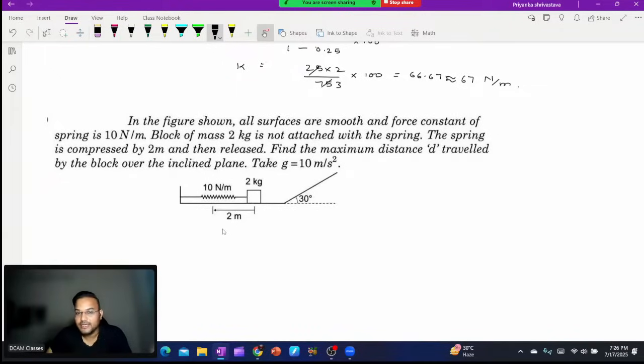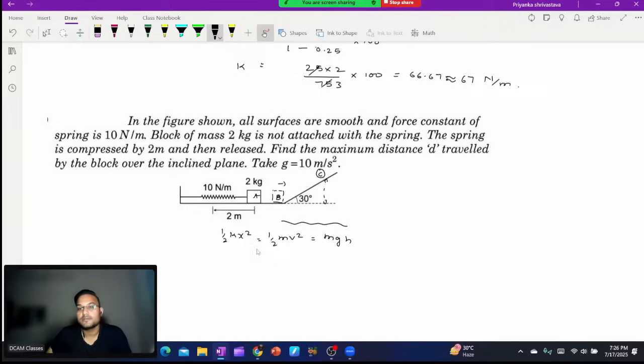Here, if it has half kx square, if we make law of conservation of energy till here, it will be equal to half mv square. But again, if we make law of conservation of energy between this position, B position, to the top position, it will be equal to mgh. Half mv square will be equal to mgh.